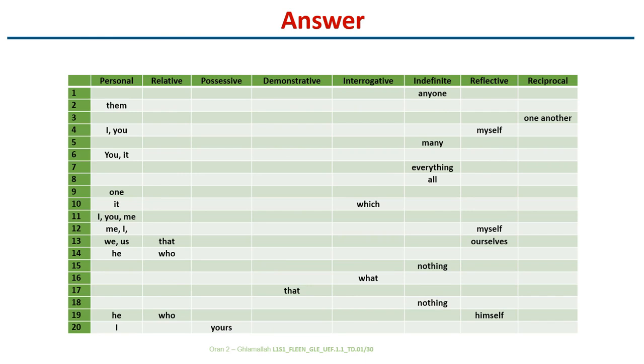There are 20 sentences. Each sentence has the following pronouns. Sentence number 1 has anyone as an indefinite pronoun. Sentence number 2, them. Number 3, one another.